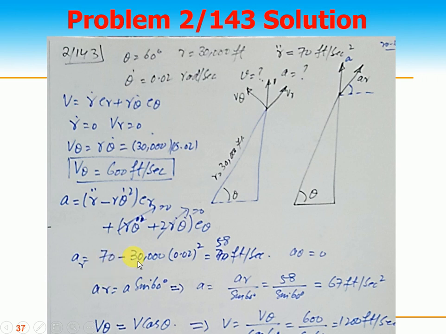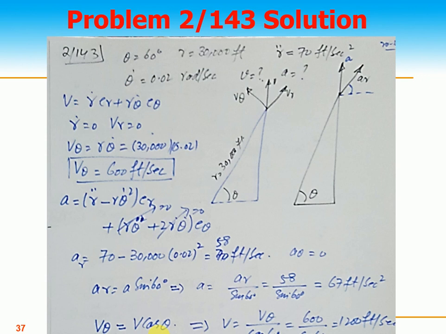So ar is 70 minus r times theta dot square, that is 30,000 times 0.02 whole square, about 58 feet per second square, and a theta is 0. So ar is equal to a sine of 60, because we need total acceleration. So a is equal to ar by sine of 60, and we get 67 feet per second square.